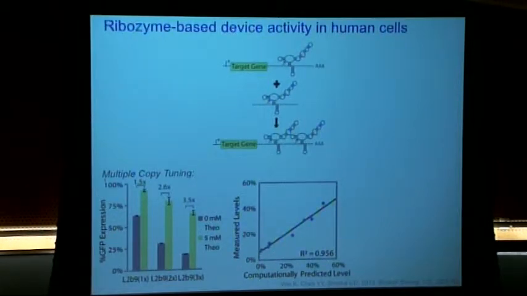And what we mean by computationally predicted levels is essentially just that you would expect this effect to be multiplicative, so that if you take the basal level that you measured from a single copy and then just multiply it for the 2 and 3 copies, you can see that the actual experimental values match very closely, so that the system is behaving in a modular fashion, and each of these switches is acting independently as we would expect.